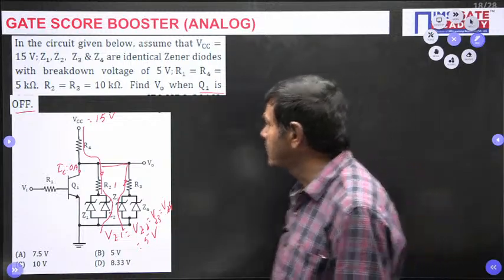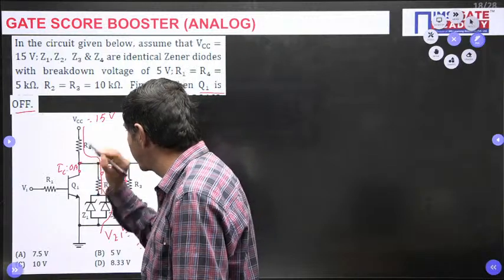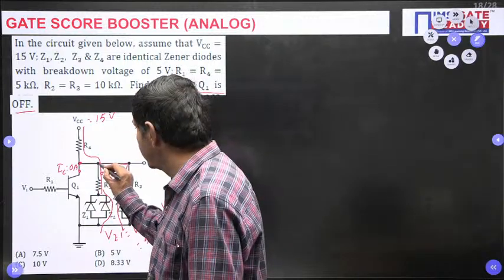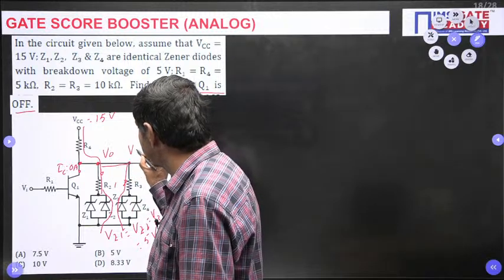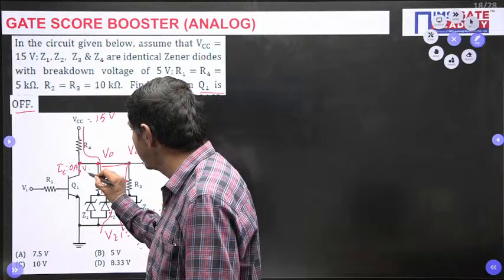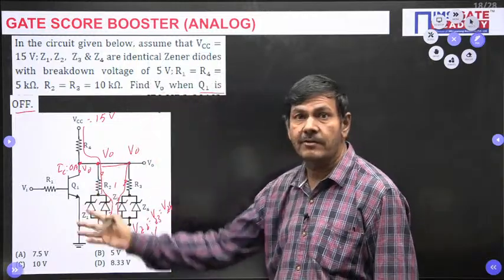The point is, when the transistor is off, this voltage is V0, this voltage also V0, and this voltage also V0. The problem is asking us to find the V0 value.